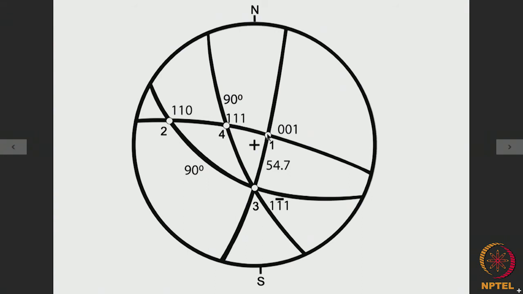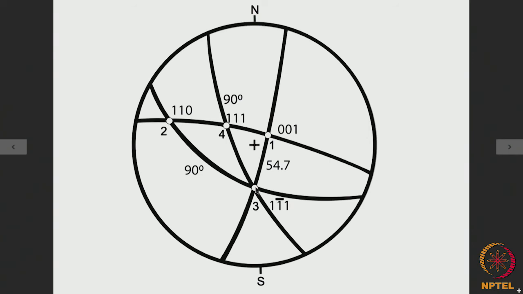Say between this pole and this pole, if we find by measurement that it is about 90 degrees, and between this pole and this pole again it is 90 degrees. Say this is another great circle which shows the poles belonging to the planes of another zone, and suppose this angle is 54.7.